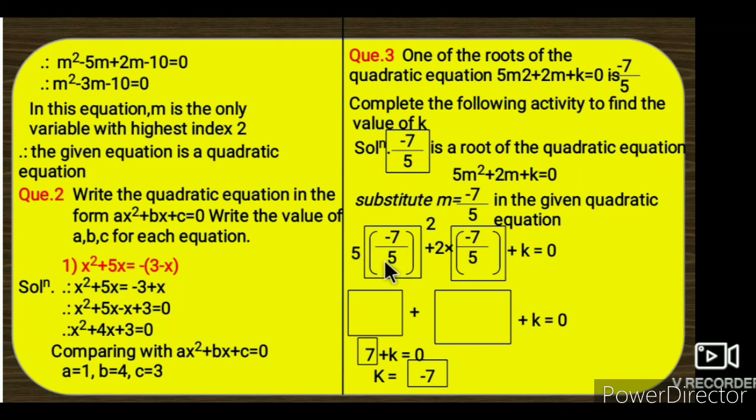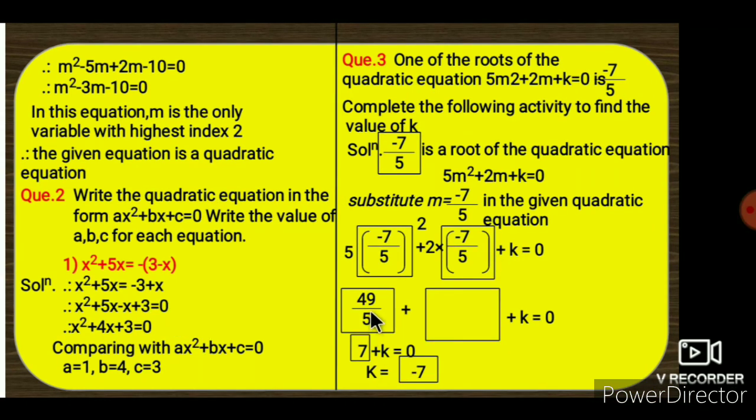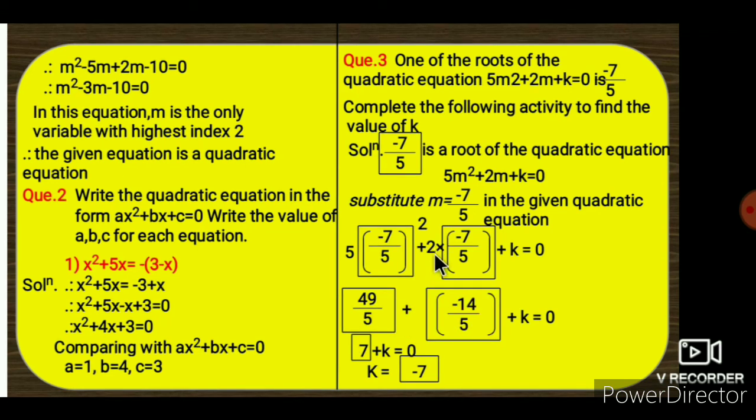Five ones are 5 and five fives are 25. Therefore in this bracket 49/5, plus 2 × (−7/5), which means 2 × −7 is −14, so −14/5 + k = 0.